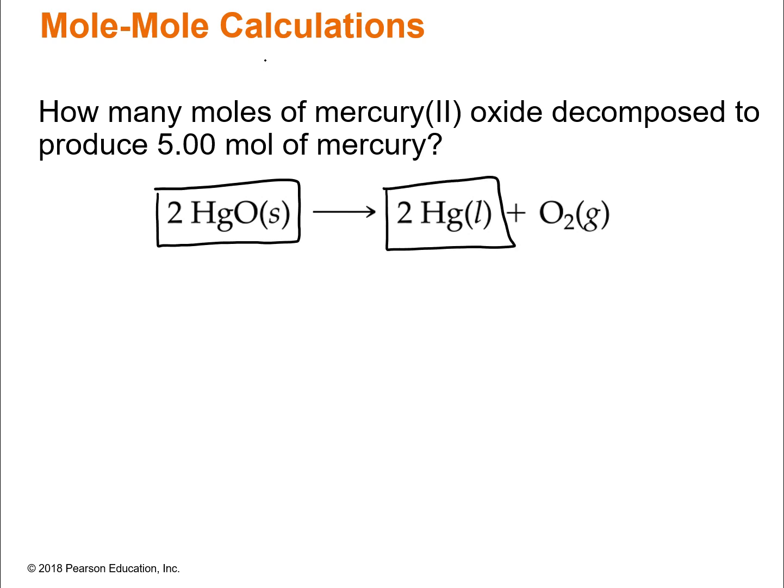And our question is, we've got 5 moles of mercury. How much mercury 2 oxide did we start with? I'll give you 2 minutes, and then I'll check back in.